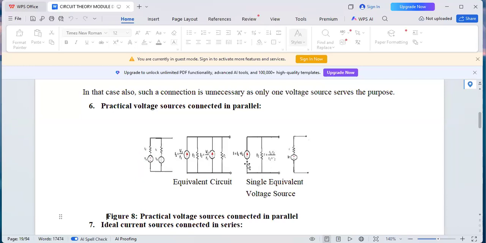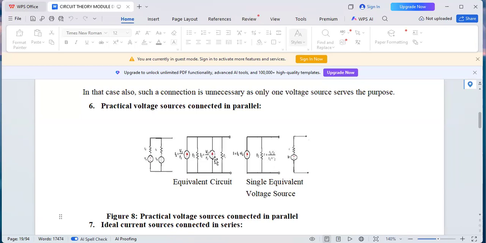Now that we are summing the two of them up, that means the current at this point will be equal to I1 plus I2. Now the internal resistance becomes, when you put two resistors in parallel, you can calculate for that.